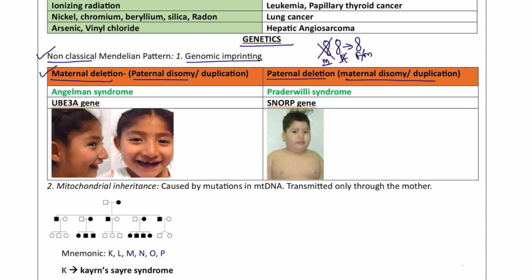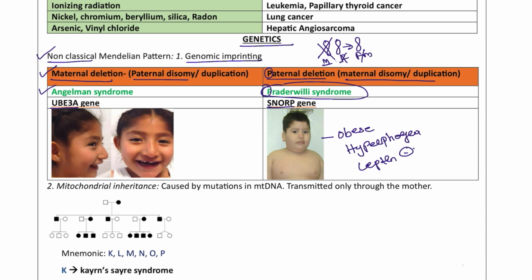What are the examples? Angelman syndrome for the maternal deletion, and Prader-Willi. P for paternal, P for Prader-Willi, for the paternal deletion. The gene involved is the SNRPN gene here, and here it is the UBE3A gene. Mostly these Prader-Willi patients are obese and also have associated hyperphagia, and leptin is deficient in these patients.